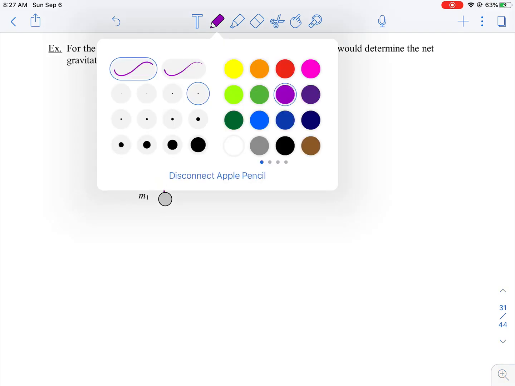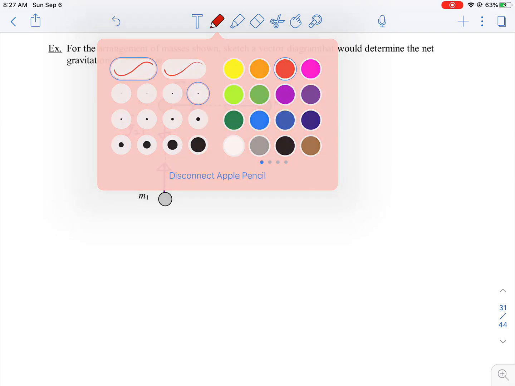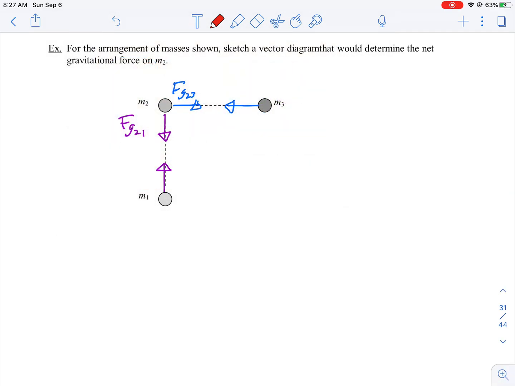Change the color. 2 and 3 are also going to attract each other. 2 exerts a force on 3. 3 exerts an equal but opposite force on 2. There's our Fg23. And if you're interested, 3 and 1 will also exert forces of attraction on each other, but neither of them are acting on M2, so we can ignore that.